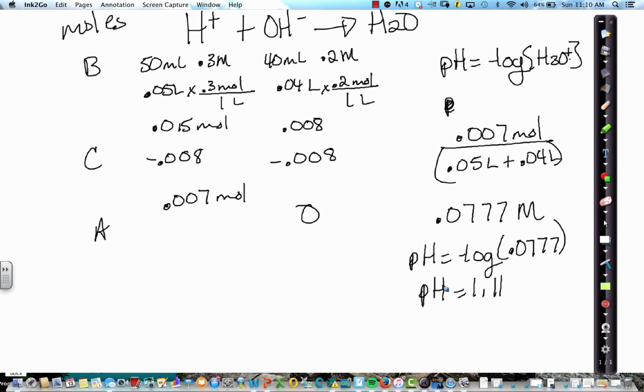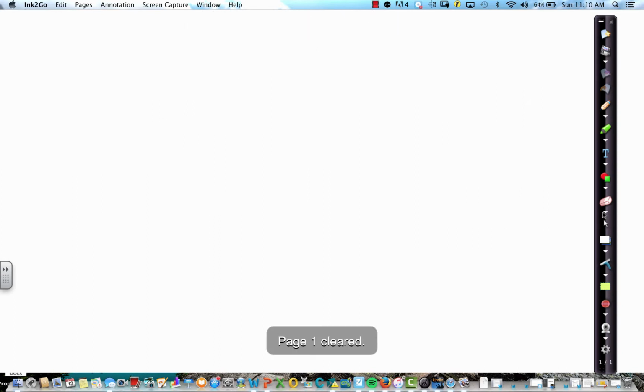So remember, as we're titrating, the pH goes up or down a little bit each time until we get to the point where the moles are equal. All right, so let's look at the next one. The next one is 75. We're going to do 75 milliliters now.